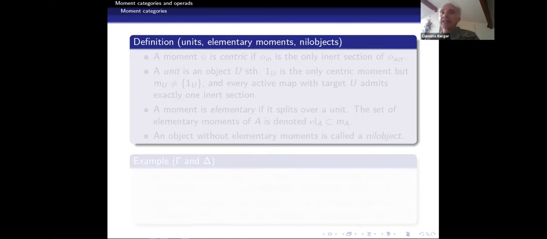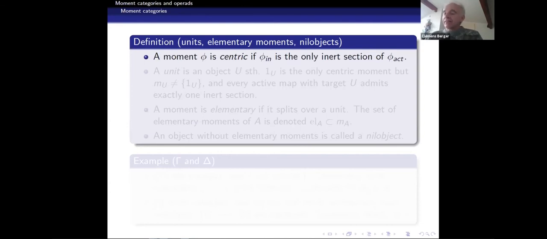Now, if you have a moment category, you have different concepts. You have the concept of a centric moment, which means that the inert part of the endomorphism is the only inert section of the active part. In the definition, we know that each inert map has a unique active retraction, and one says that the moment is centric if the converse is true to some extent: if you have an active map, then it has only one inert section.